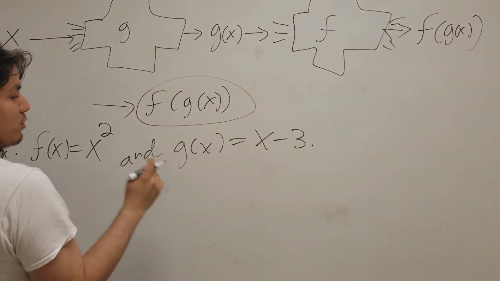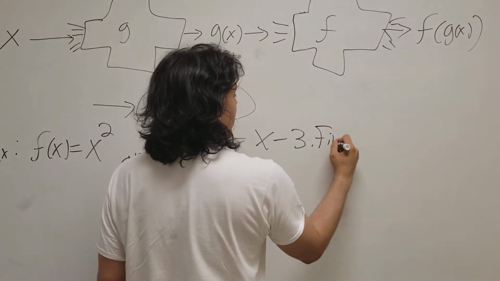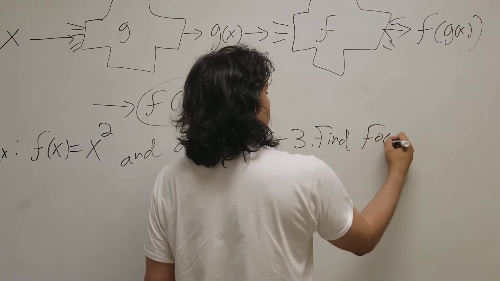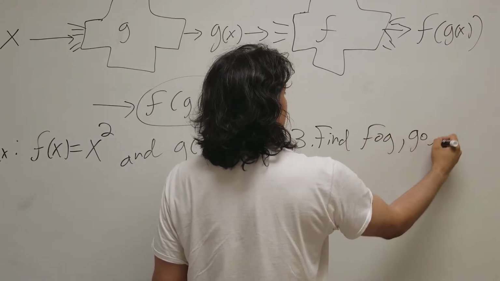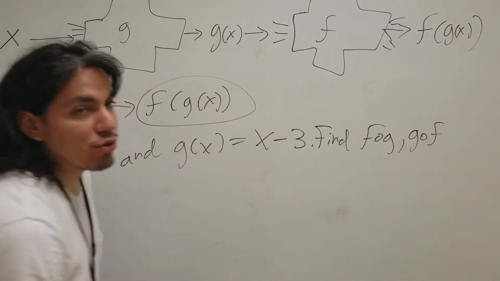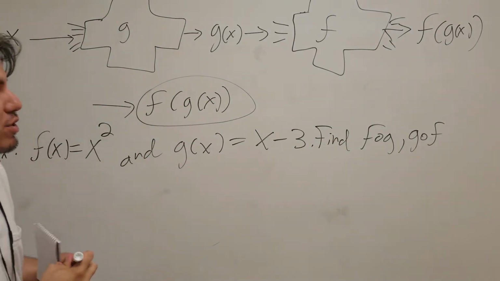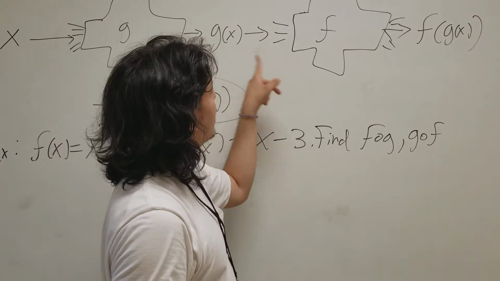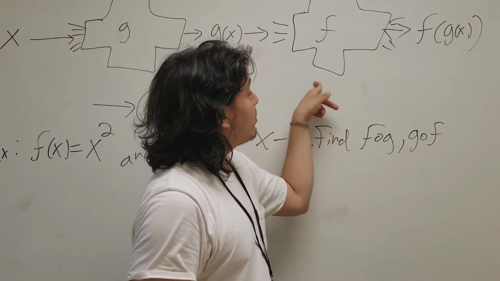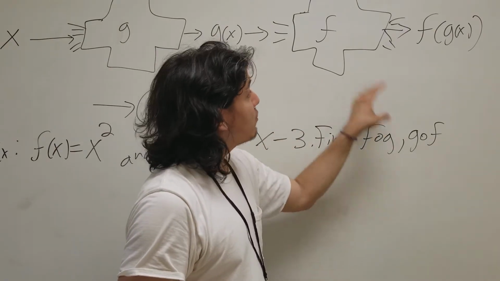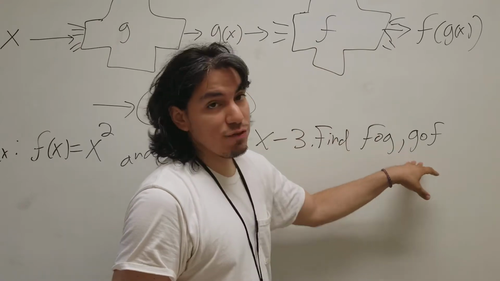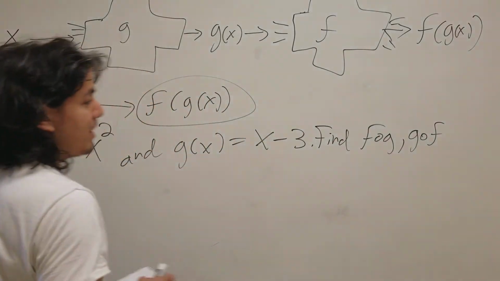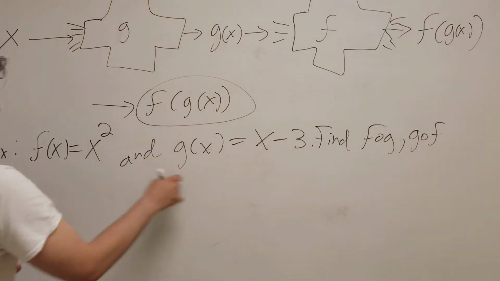I'm asking you to find f composition g and g composition f. This is the part I was telling you about, where you take this function g and put it inside this function f. With this one, you can take the function f and put it inside of g. Does that make sense? It'll make sense with this example.